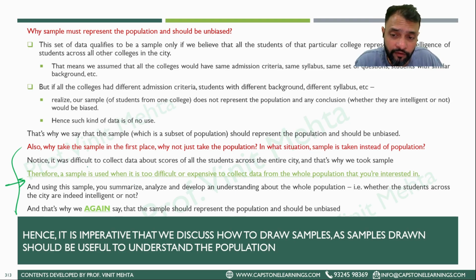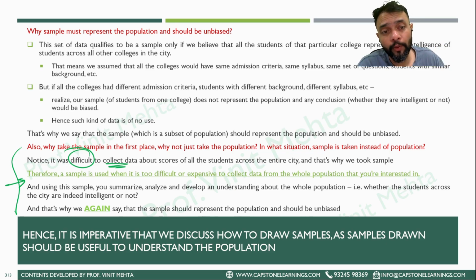At times it is very difficult to collect the data because it could be very huge. See, in this PPT, I have taken the example of colleges and students and score and all. But right now, since Anjali spoke about this Indian colleges, so I'm talking about that, okay? So the question is, why can't we just take the population data? The problem is, at times it is very difficult to collect the data of all the colleges in the world.